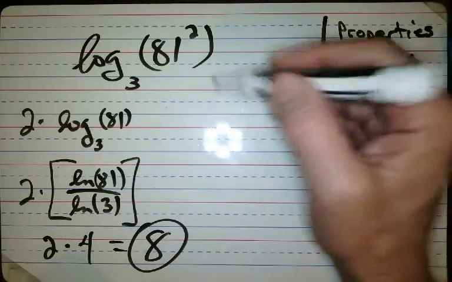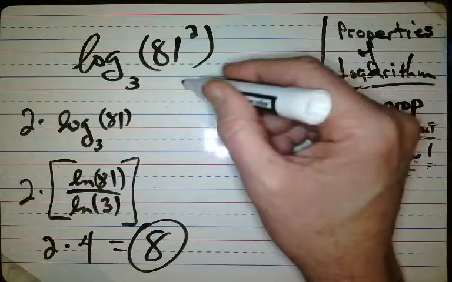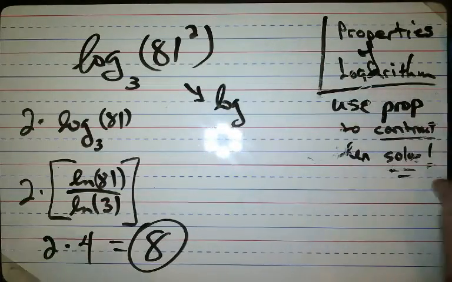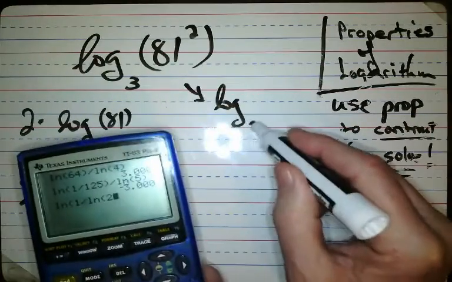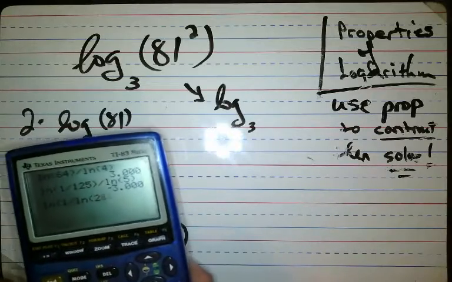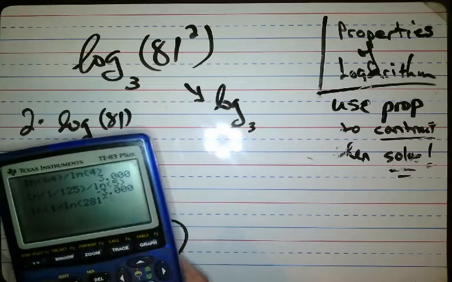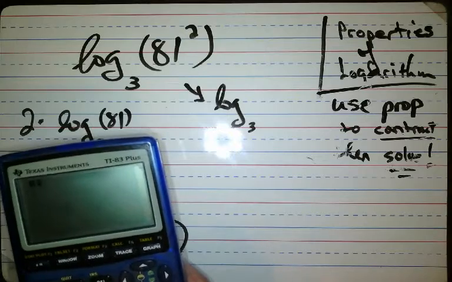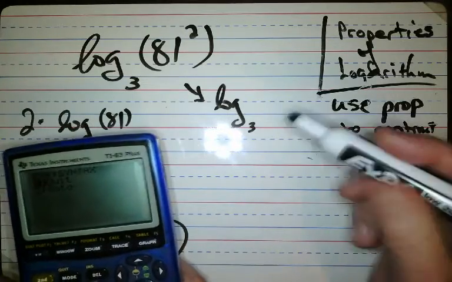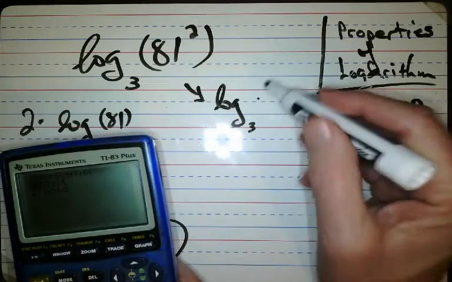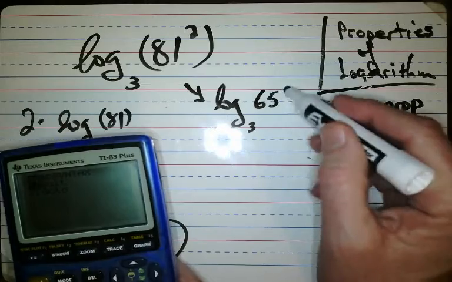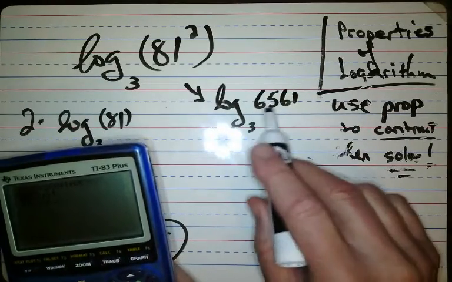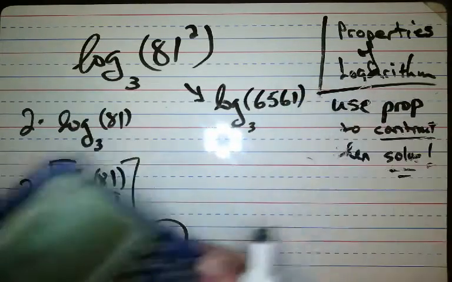Now, there's another way you could do it, obviously. You could say, well, that's the same thing as log of, what is 81 to the second power? 81 squared. Ooh, my goodness. That's big. 6,561. Yep.